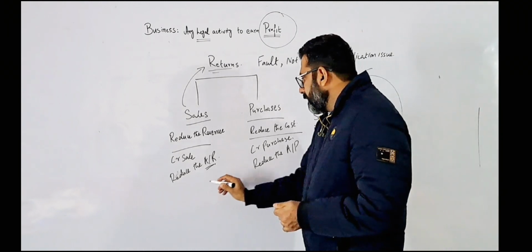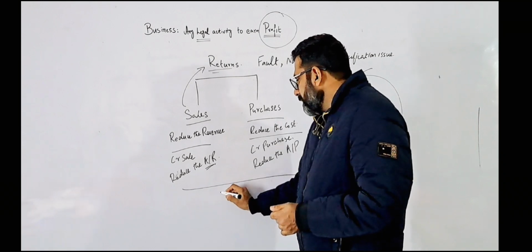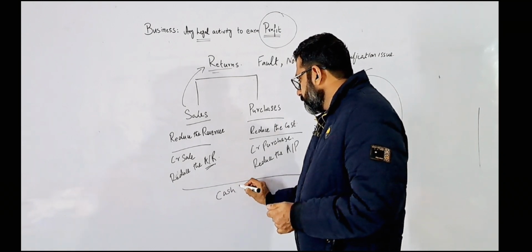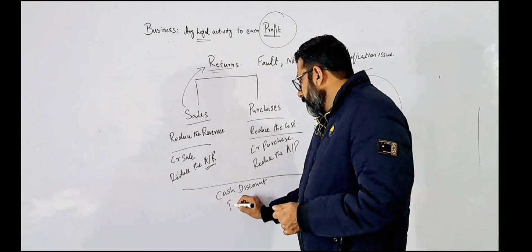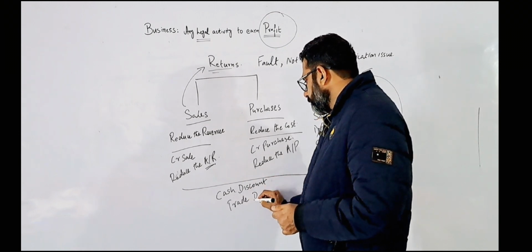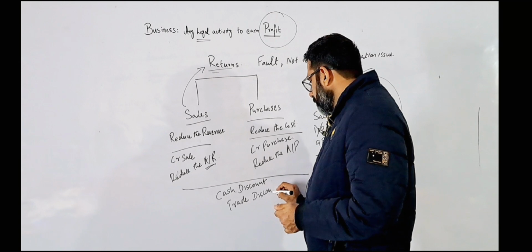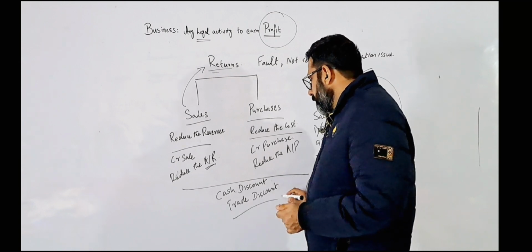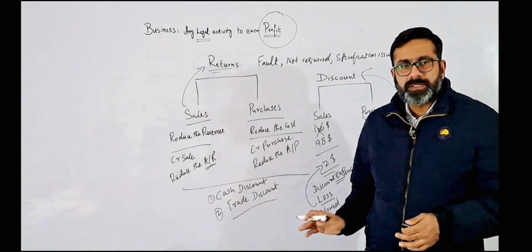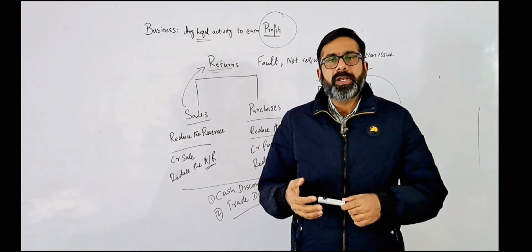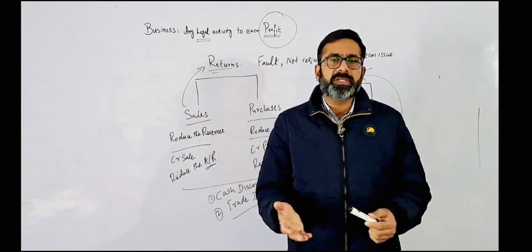One more thing related to the discount: it can be a cash discount, or it may be a trade discount. There are two types of discounts, the cash discount or the trade discount. Trade discount is very simple.